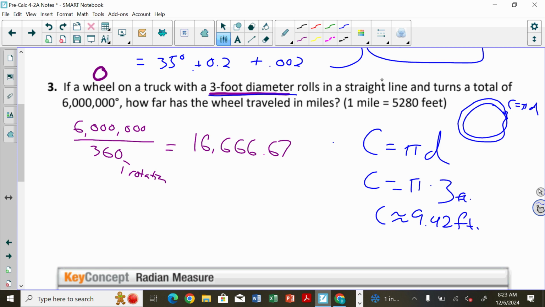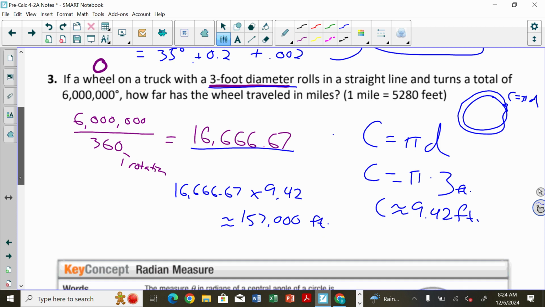So now I can take the number of times that the wheel turned around, the 16,000 and change, and multiply that times 9.42. That will give me 157,000 feet.